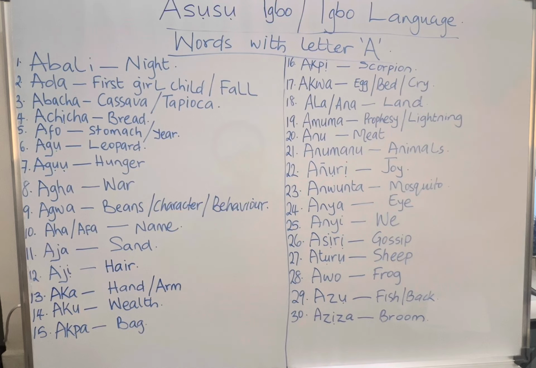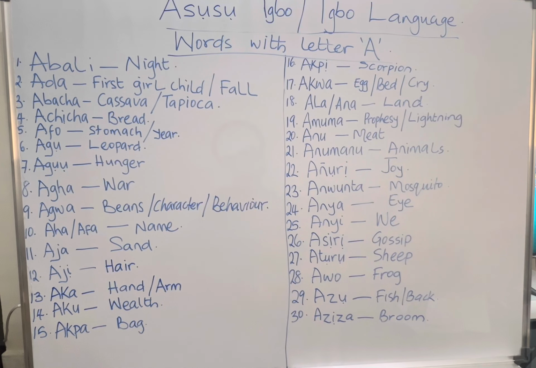Then we have in the same 19, amoma. Amoma means lightning, which comes sometimes with thunder.